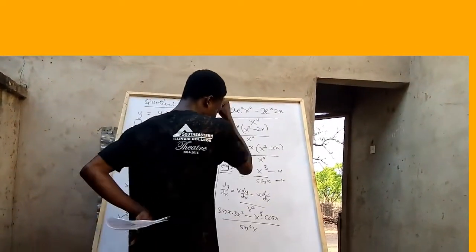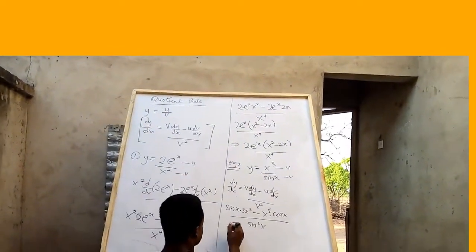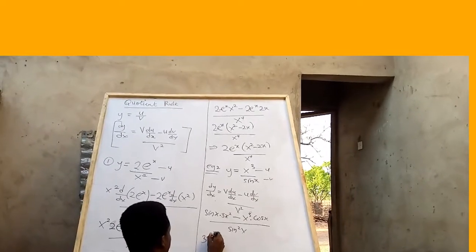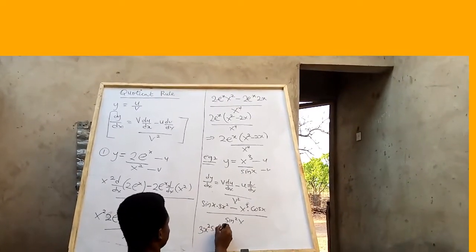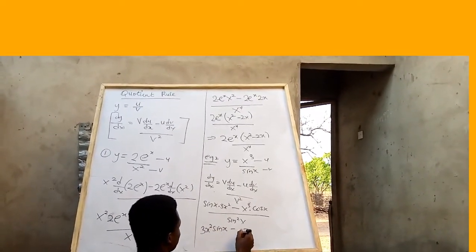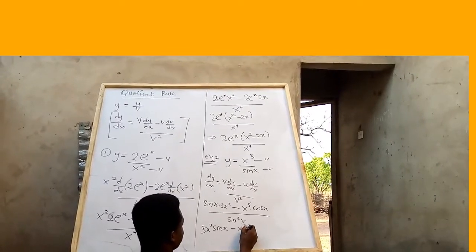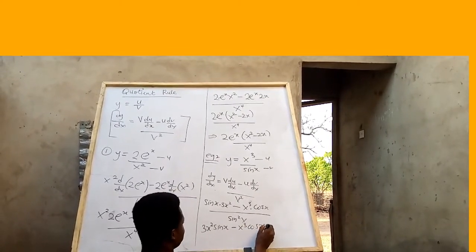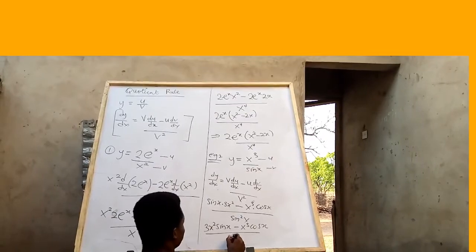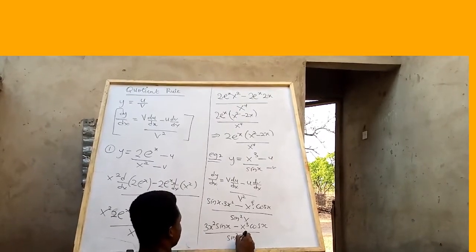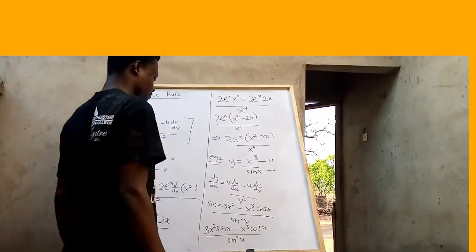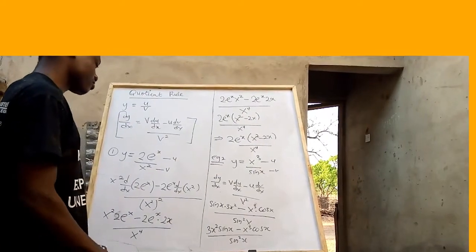So I can rearrange this to become 3x squared sine x minus x cubed cos x all over sine squared x.